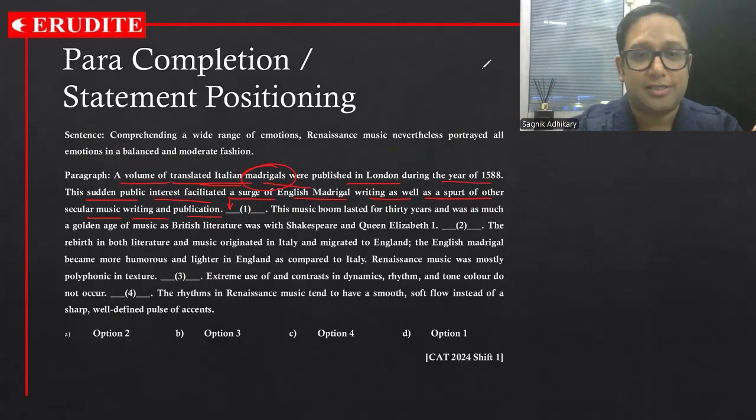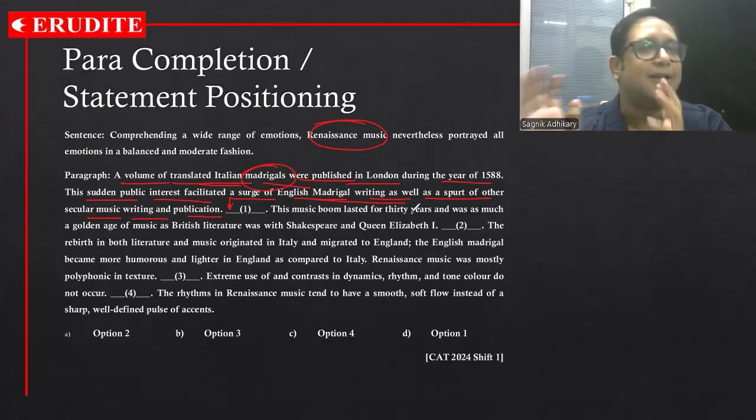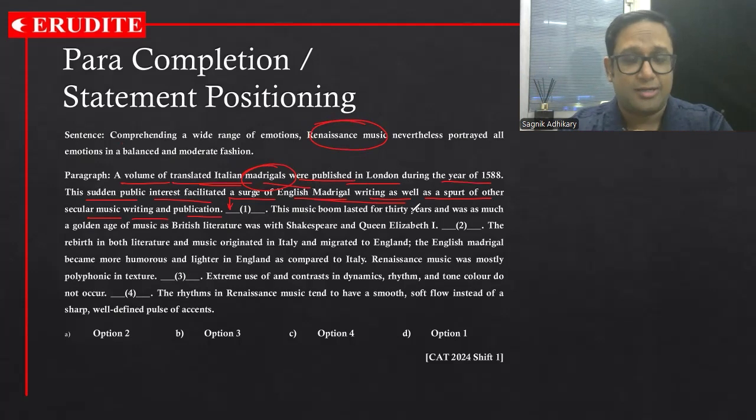It is in the context of music that we understand what exactly this is. It is saying that a volume of translated madrigals were published, were written, and so on. Madrigal writing became a thing during the period, which means this must be some sort of song lyric. Whether it is song or music, we don't know, but it refers to music. With that understood, we can move on. We don't need to know exactly what the word madrigal means.